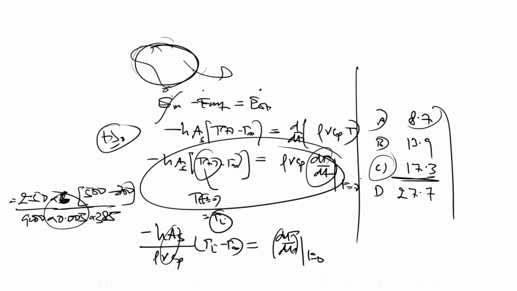Correct. Any problem? You can do either, but you can decide from your own which one is easy. Because initially, whenever they ask me the initial rate of decrease in temperature, the initial temperature is already known to you. You can directly put it here and find out directly. Clear?